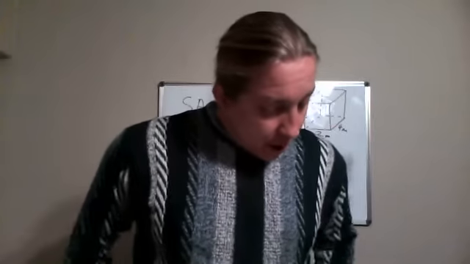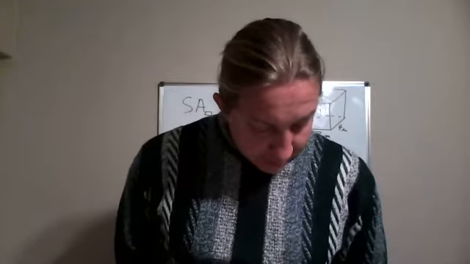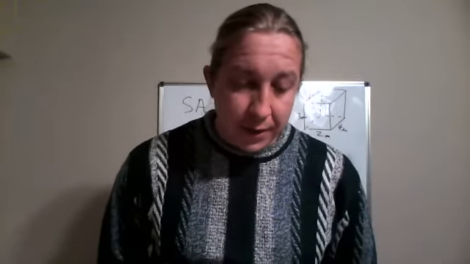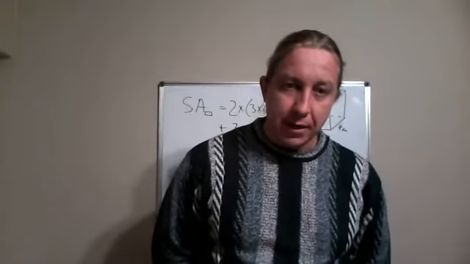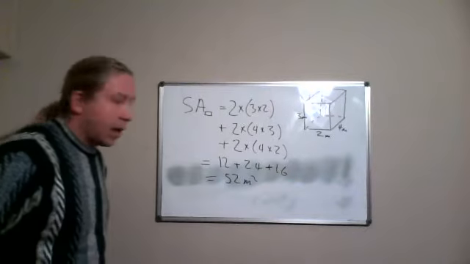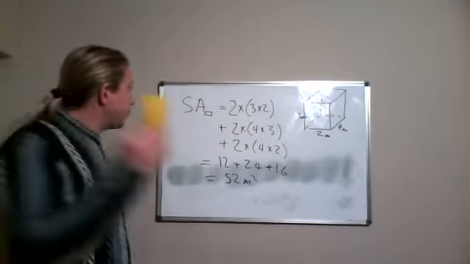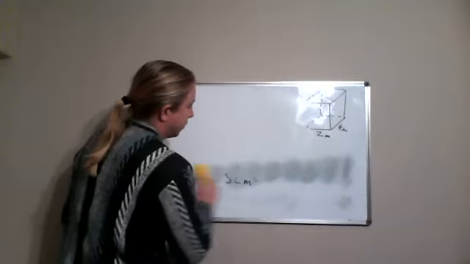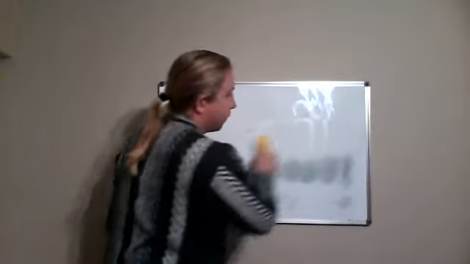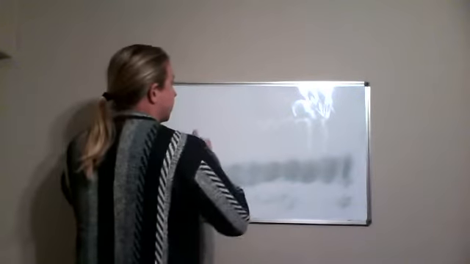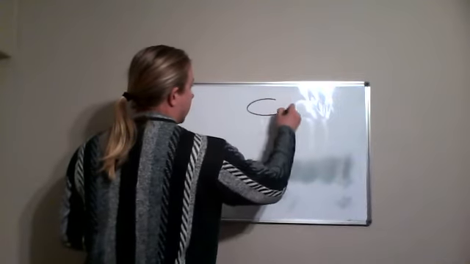Okay, right, let's continue. Then they say we can also have the surface area of a cylinder. Okay, how do we do that? Okay, so let's say we have a cylinder that looks like that.